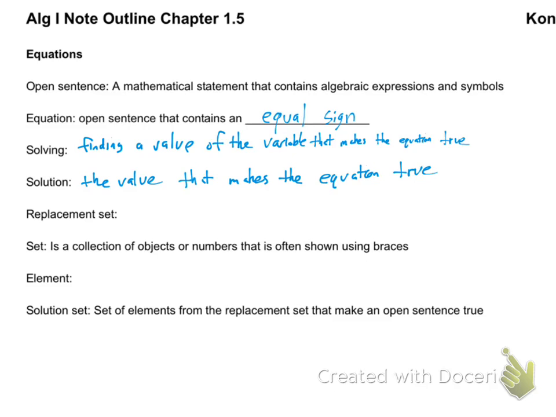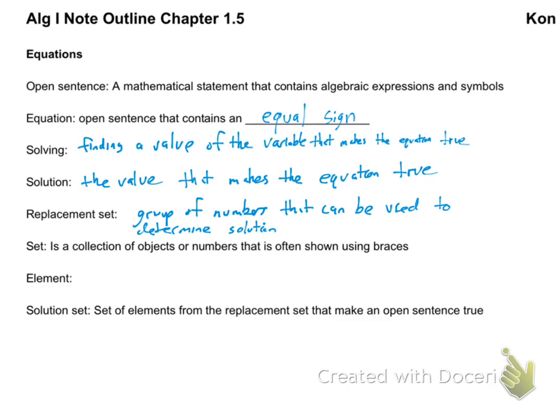So, as Will said, something about a replacement set. But what is a replacement set? A set of numbers for which replacements for a variable may be chosen. This is a group of numbers that can be used to determine a solution, right?